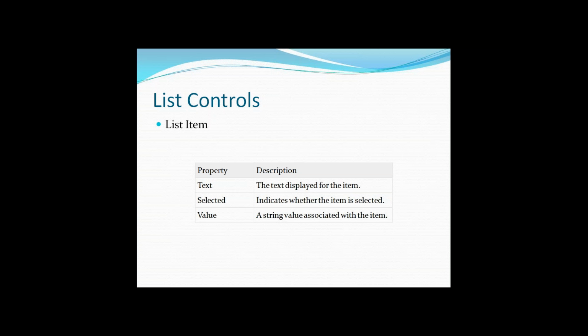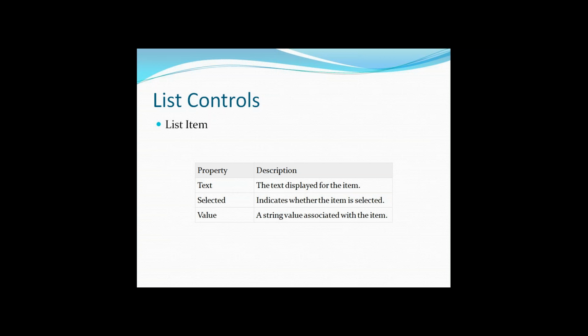So I'll have one Sai Krishna with ID 3 and the other with ID 7. On selecting a given student, if that is Sai Krishna, I'll differentiate by using the ID. So that's the purpose of having two different properties called text and value.